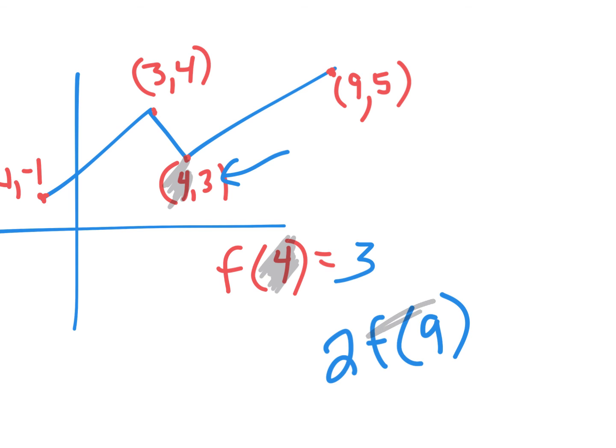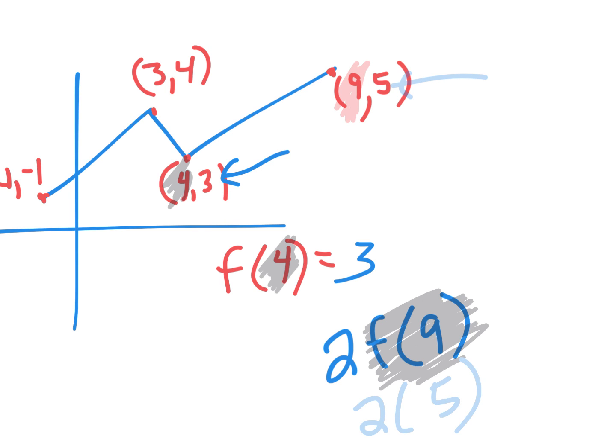So tell me, what would you do first? You'd find where x equals 9 on the graph, and that would get you what? F of 9 equals 5, and then you'd multiply 5 by 2, get you 10. So you do 5 in here, and then the 2 times the 5 gives you 10. Raise your hand if you had a 10.